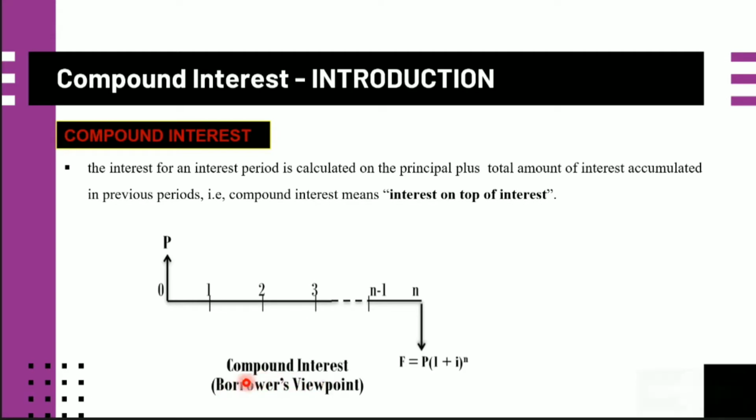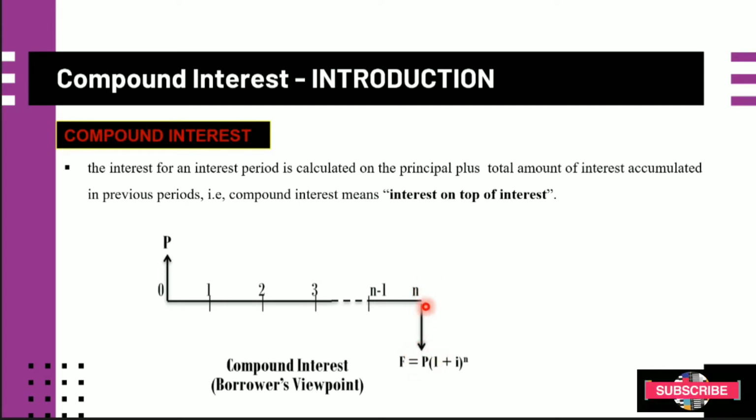For the borrower, when he or she borrows the money, it is a cash inflow. That is why the principal P has an upward arrow, a cash inflow on the part of the borrower, until the end period, the number of years agreed in the contract for the borrower to pay back the loan.